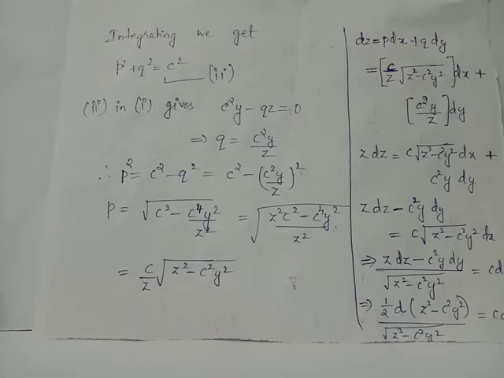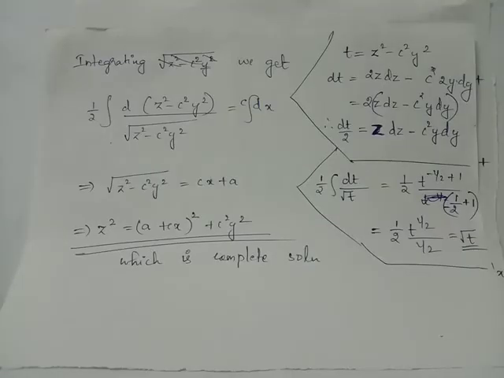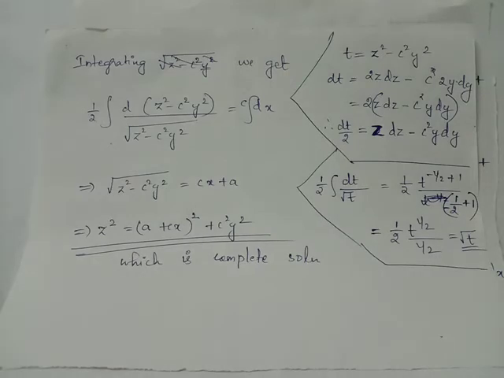The reason behind this is that if you consider z square minus c square y square, which is the expression appearing inside the square root, as t, when you take derivative on both sides, you obtain dt by 2 equals z dz minus c square y into dy.